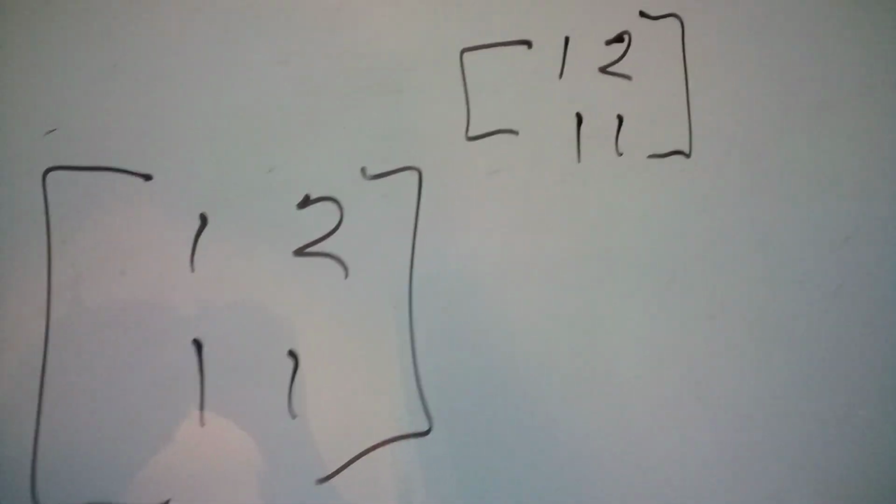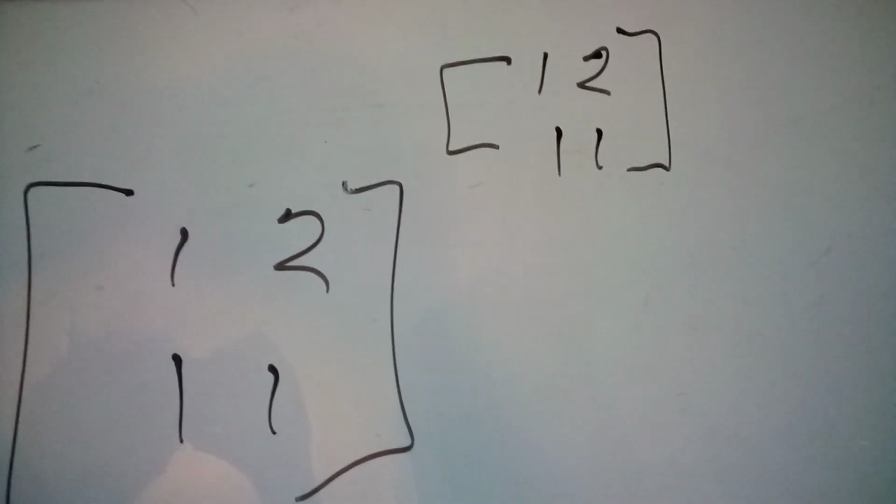How about we raise a matrix to a matrix power? So the matrix is the base, and another matrix is the exponent. And in this case, we will use the matrix 1, 2, 1, 1. We'll raise it to the power of the same matrix. I mean, we could use a different matrix, but in this case, we'll just use the same matrix raised to the power of the matrix.